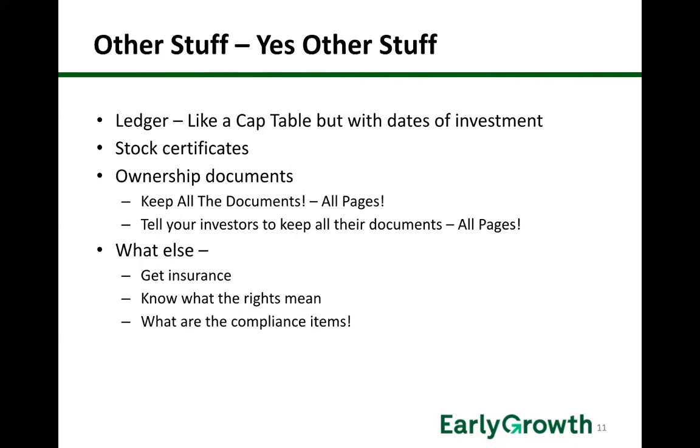Errors and omissions insurance is another one you should be considering, because it covers things like mistakes made by professionals. In this case, it could be lawyers, could be accountants, that sort of thing. So once again, that kind of protection to ensure the value of the company is very important.